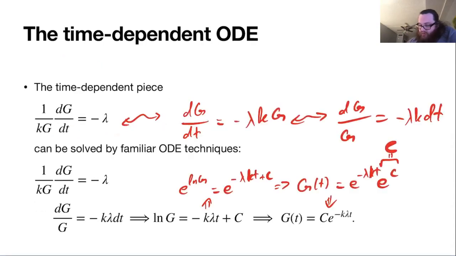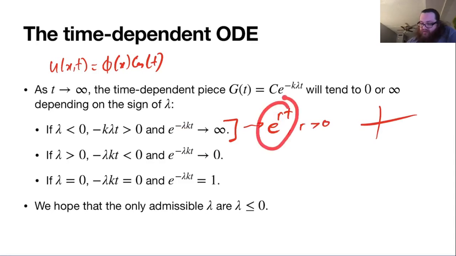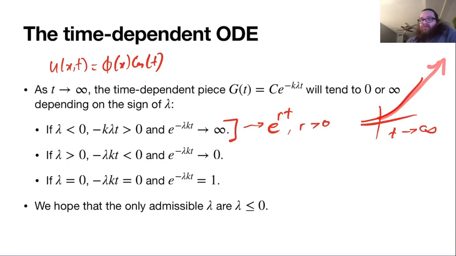And so then what we're looking at is essentially the function e to the rt with r greater than 0. So here, r is going to be minus lambda k. And if we plot this function where r is a parameter, it's going to look like that. So as t goes to infinity, our solution will be unbounded. It'll tend to infinity.